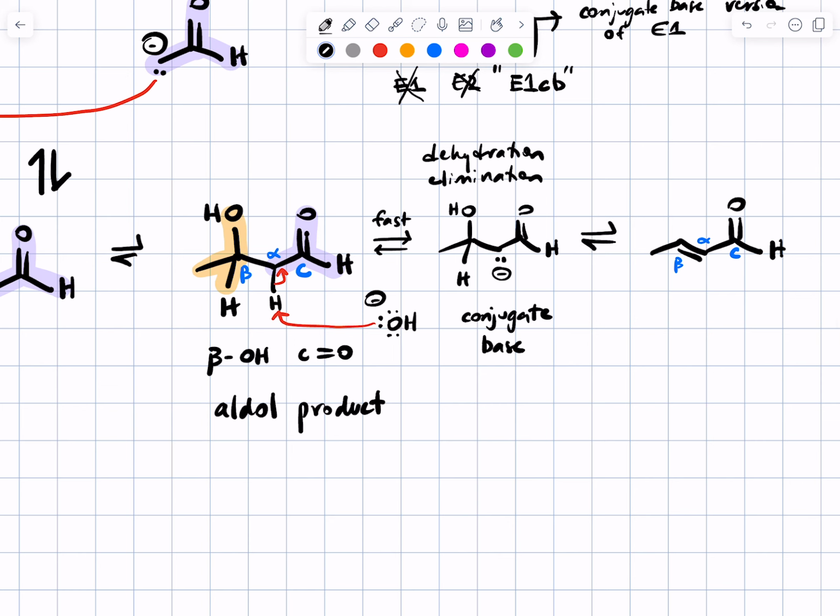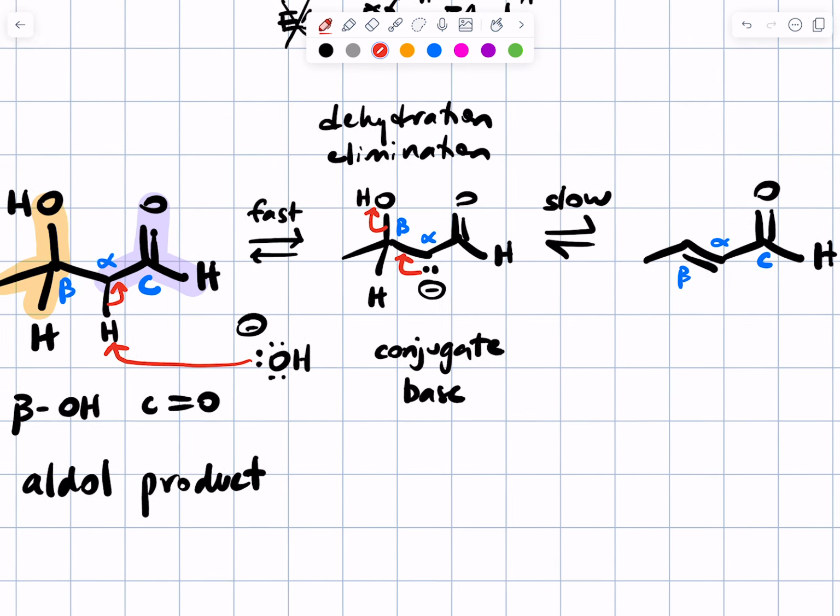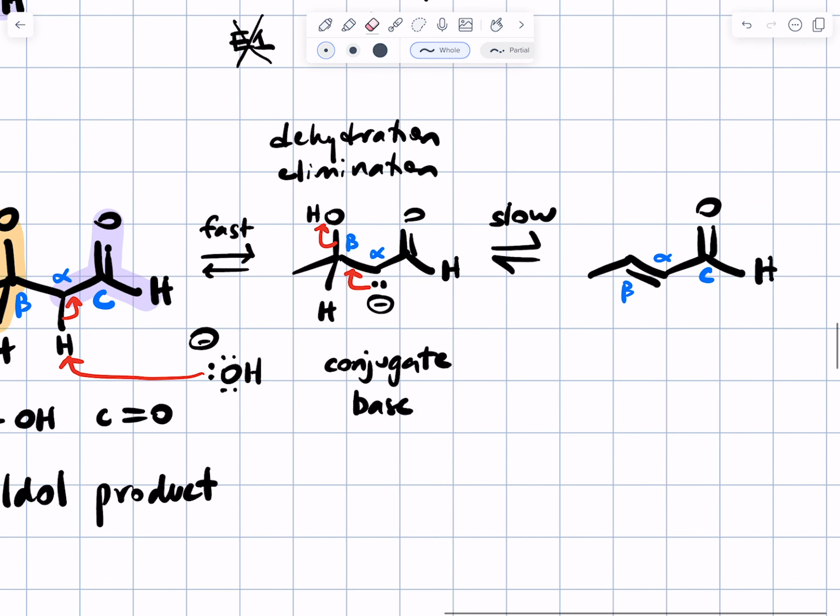And then leaving group leaving is the slow step. There's only one molecule involved in leaving group leaving. That is, electrons kick down and kick off the OH group. OH group can leave now. It's a decent enough leaving group if the kicker offer is already a negatively charged carbon. And that gets us to the dehydrated aldol product.